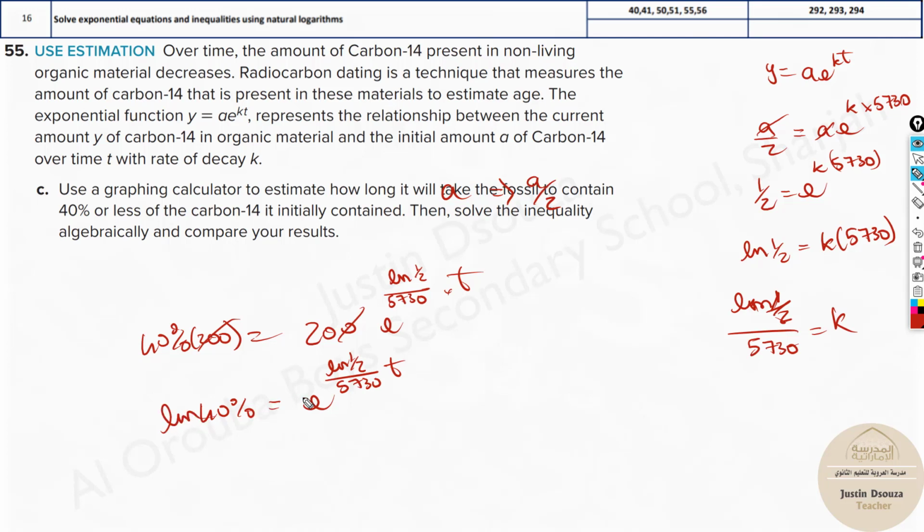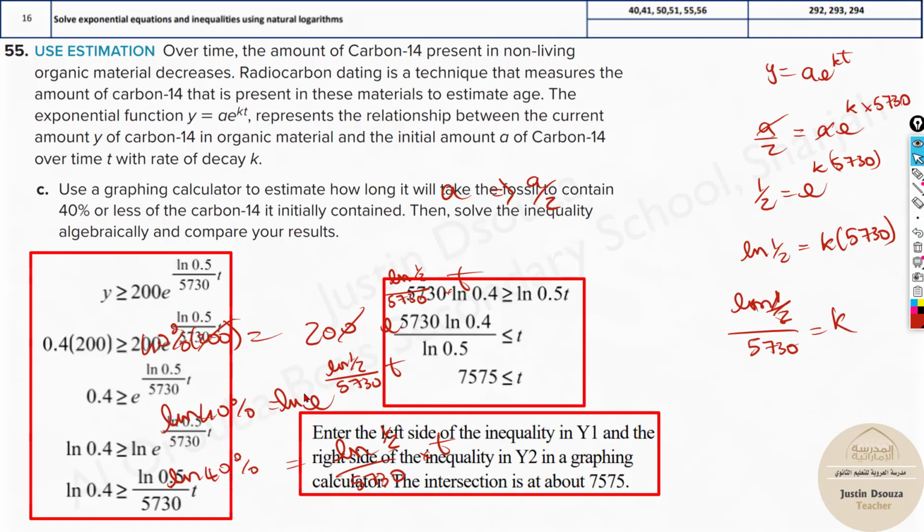Take the natural logarithm on both the sides, and you're remaining with this entire term down. So it'll be ln 40% is equal to ln half divided by 5730 times t. And you can just solve this, take this to the other side and put it in the calculator, and you will get the answer.